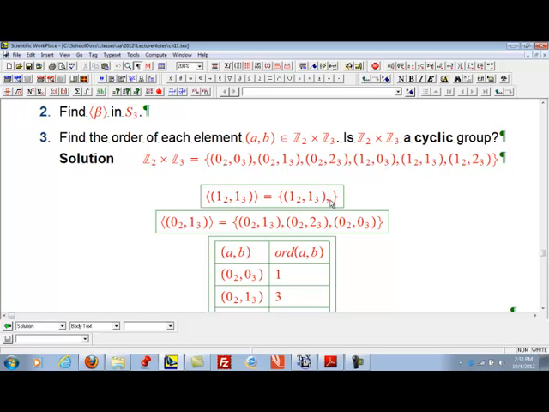You add 1 to each of those, and you're going to get what for the first one? 0 and 2. You add 1 to that one, and what do you get? 1, 0. You add 1 to that one, and what do you get? 0. You add 1 to that one, and you get?